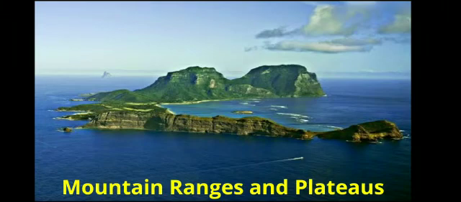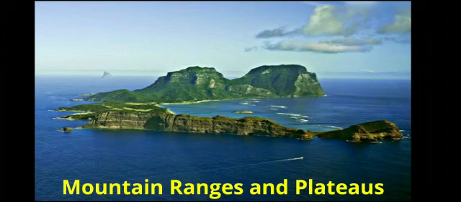Now next one, mountain ranges and plateaus. You can see in this image, this is the ocean. In the ocean, these are the submerged hills as well as mountains. They are called submerged hills and mountains. These hills are hundreds of kilometers wide and thousands of kilometers long.